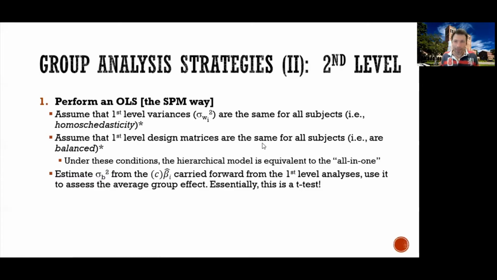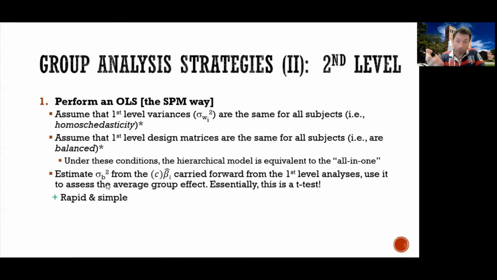So it's legal for you, SPM says, to use the summary statistic approach, where you take the beta from the first level analysis, you carry that forward, and you do the group analysis on those. In other words, it's legal for you to calculate the group variance, the random variance, just by looking at the variance across the betas that you've estimated, or the contrast betas that you've estimated at the first level.